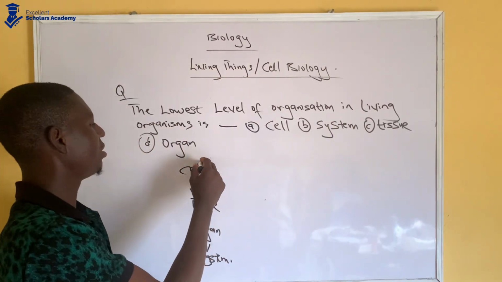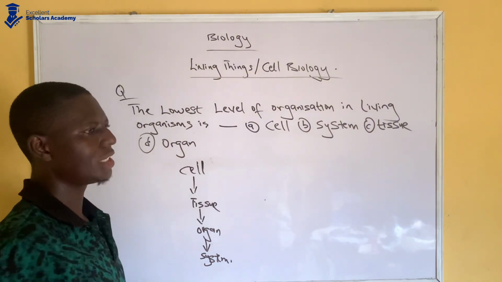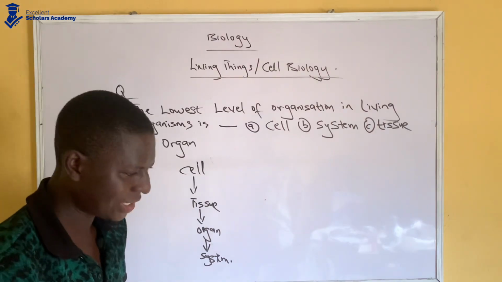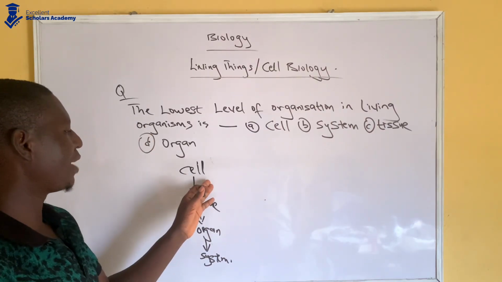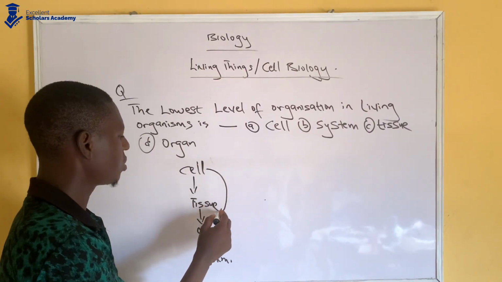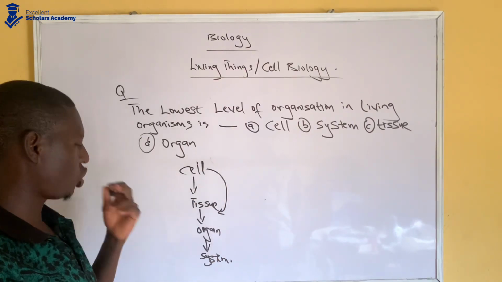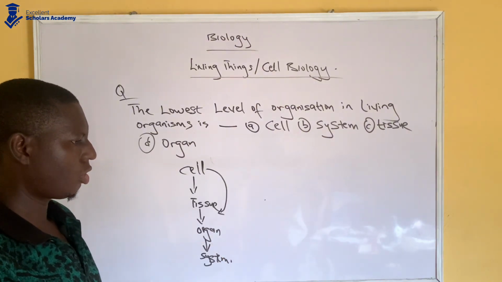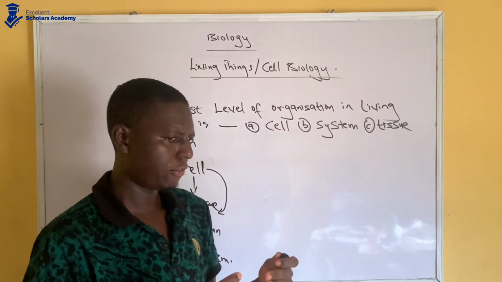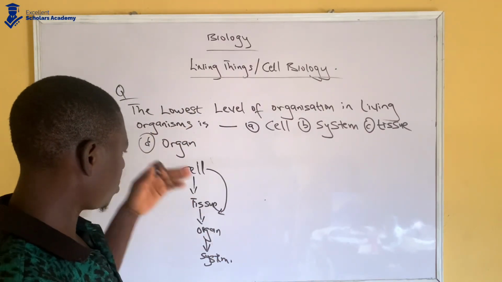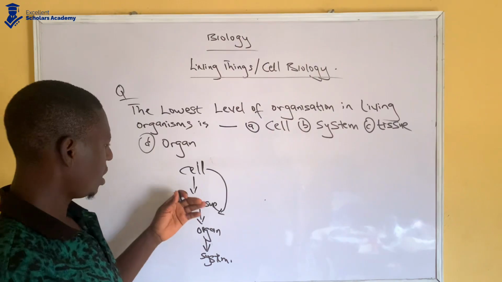Now cell, as we all know, is the basic unit of life. It is the basic, the lowest. Without cell, there can't be tissue. Now two or more cells that carry out a specific function are known as tissue.